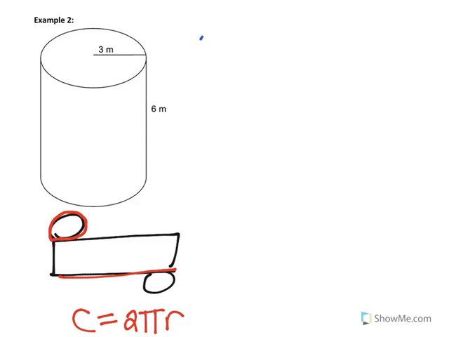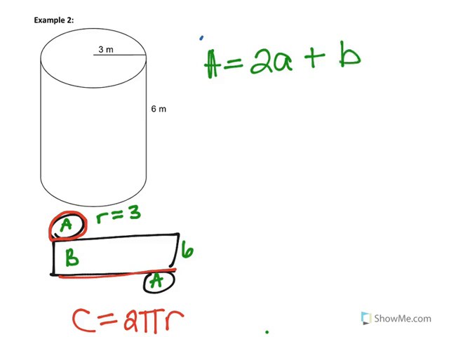So for this shape, we have 2 of shape A, which we're going to call the circles, and 1 rectangle. And we know the height is 6, and we know that the radius is 3. So for our formula, we're going to have 2 of shape A plus 1 of shape B. And we know that the formula for a circle is pi r squared.